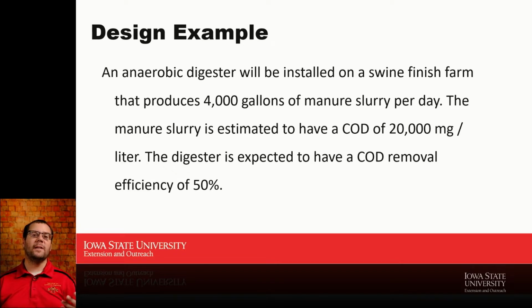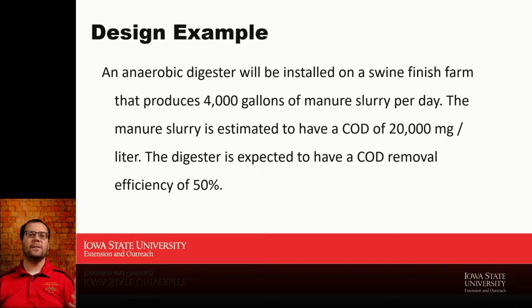So for really lignin-rich materials, we're probably in the neighborhood of 30%. If we're feeding something like sorghum silage, like we'd feed to cattle, we're probably really close to that 50%, maybe even 60% chemical oxygen demand breakdown in the digester, because it's something that hasn't been pre-digested by an animal, so it can be better than manure.